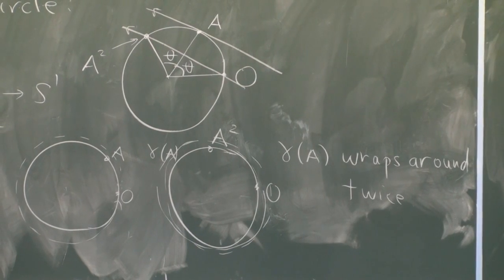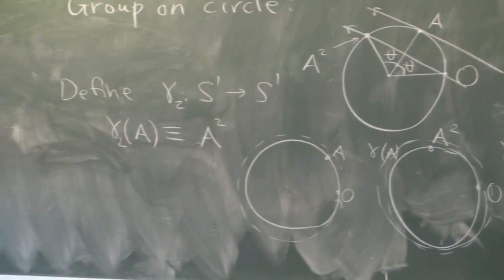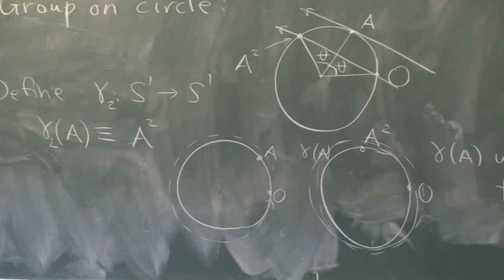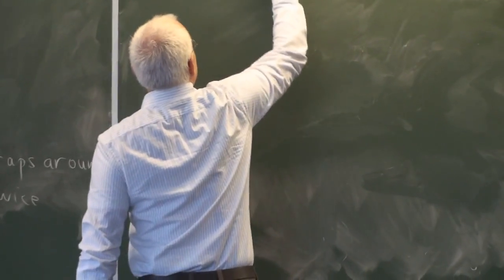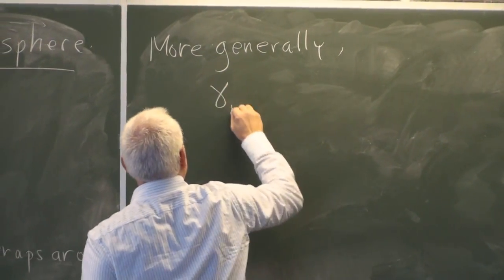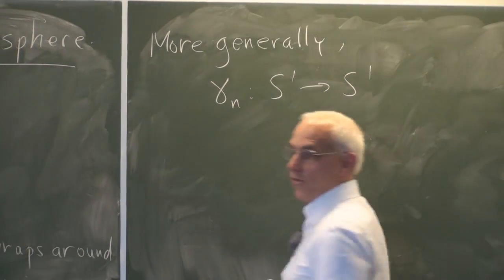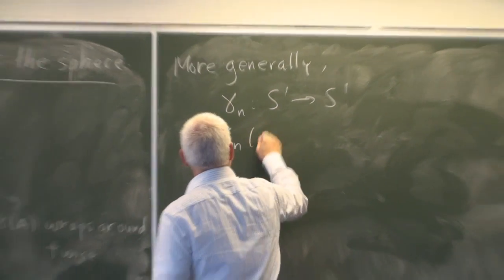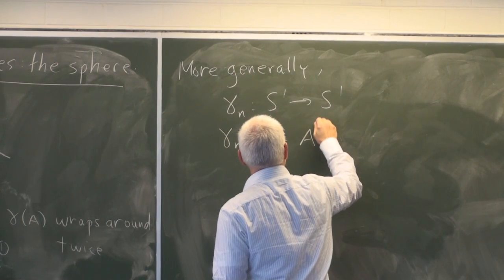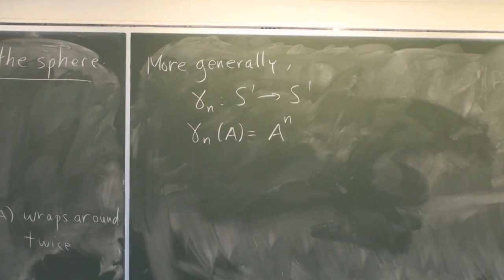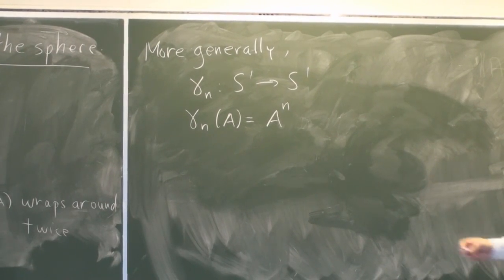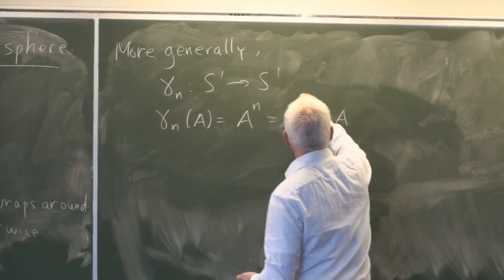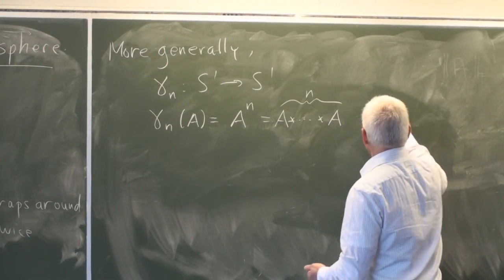Because it's twice, we could put a subscript 2 under there, suggesting that we could do the same thing for other integers. More generally, we could define gamma sub n from the circle to the circle by defining gamma sub n of A to be A to the n. Let me say what that means. It means A times A times A, all the way n times, if n is greater than or equal to 0.